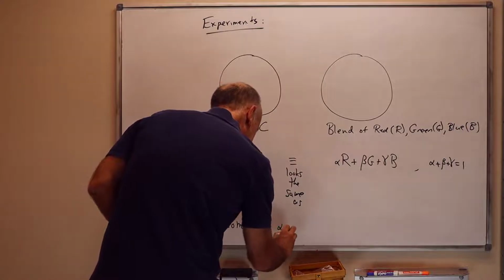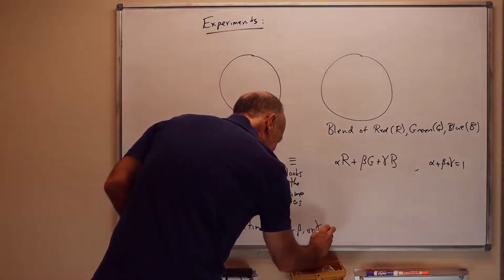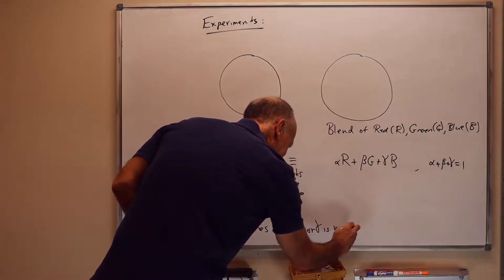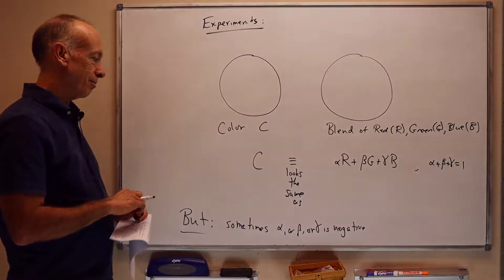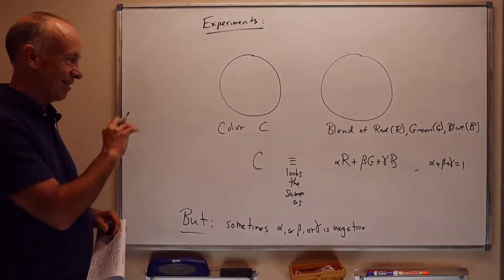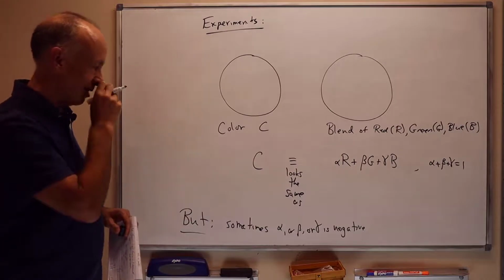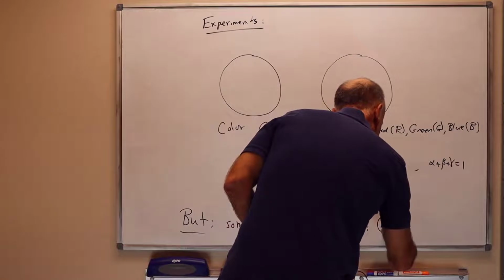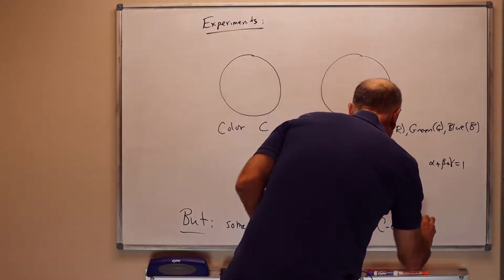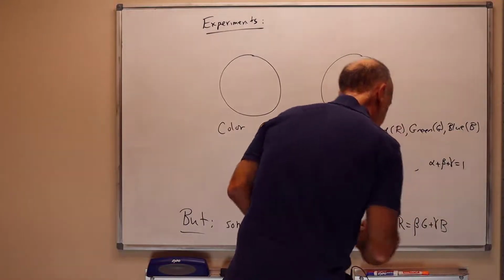Sometimes alpha or beta or gamma is negative, as if you were shining a negative amount of red light or a negative amount of green or a negative amount of blue on the circle, which of course is physically impossible. You can't shine negative light on something. In that case, what this means, say if alpha were negative, we'd write C minus alpha R equals beta G plus gamma B, for instance.